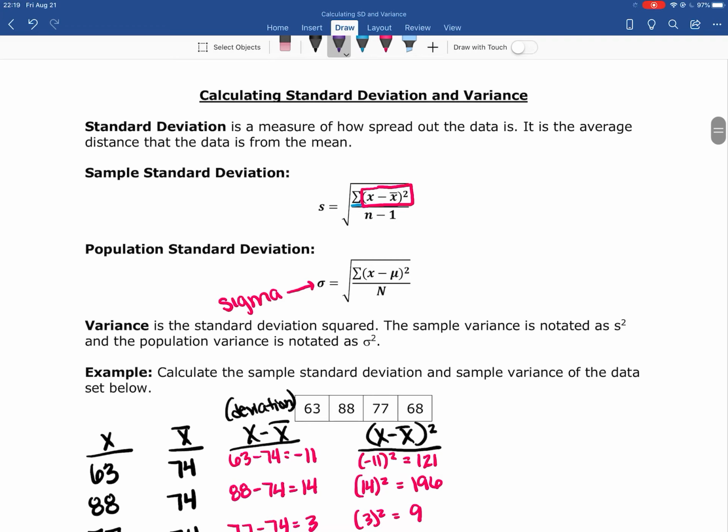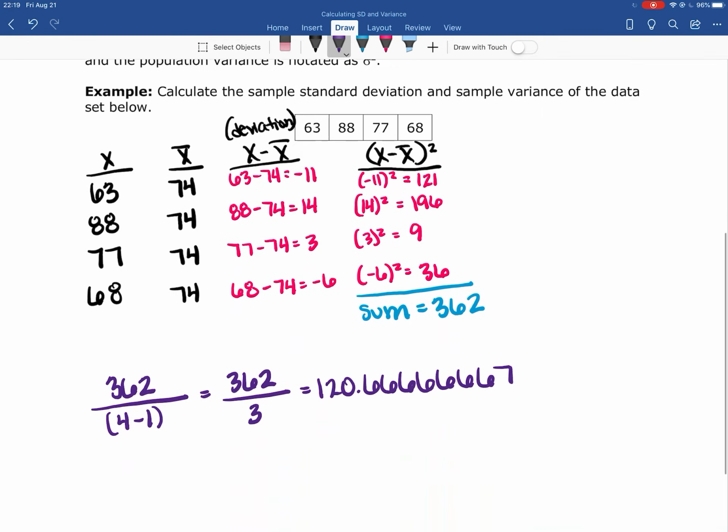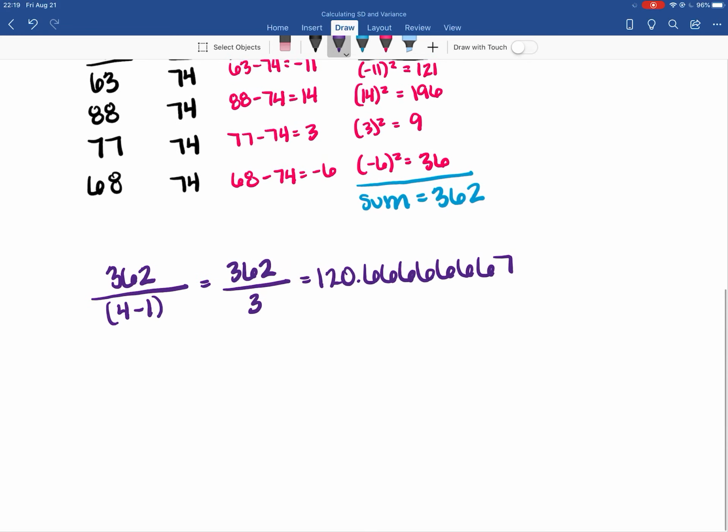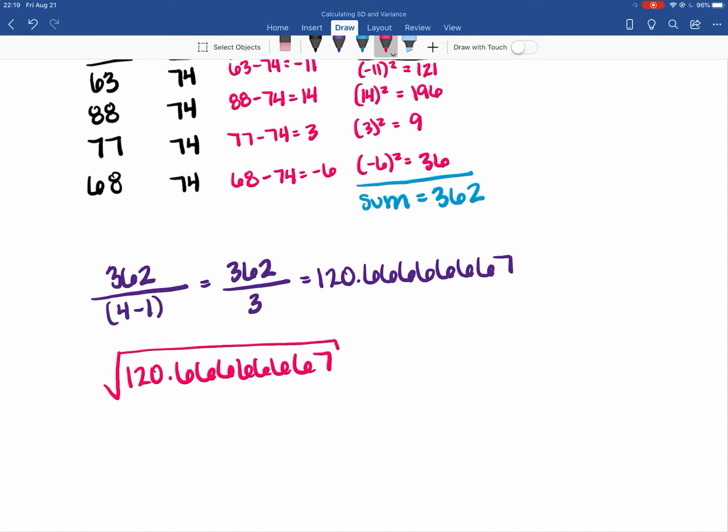We've done everything underneath the square root at this point. The last thing we're going to do to find this standard deviation is take the square root of 120.66, lots of 6s, and then a 7 at the end.